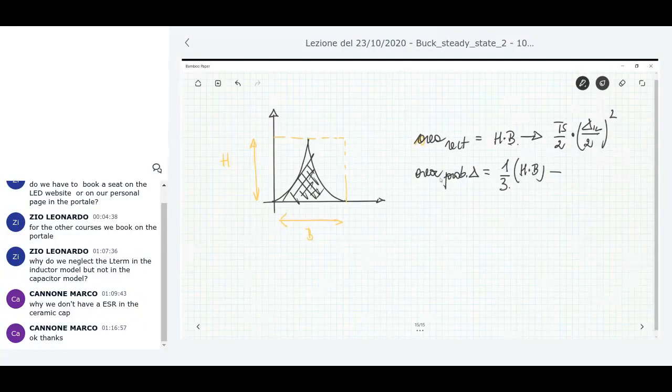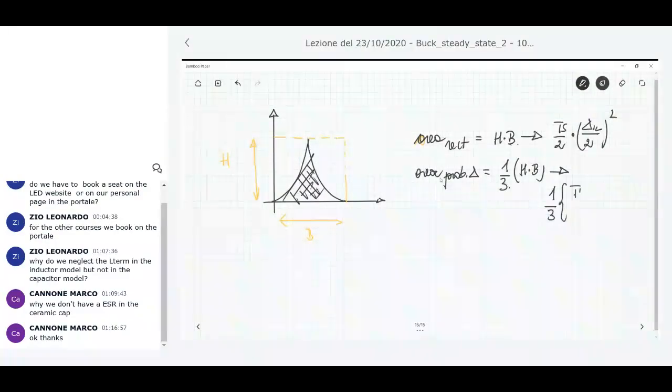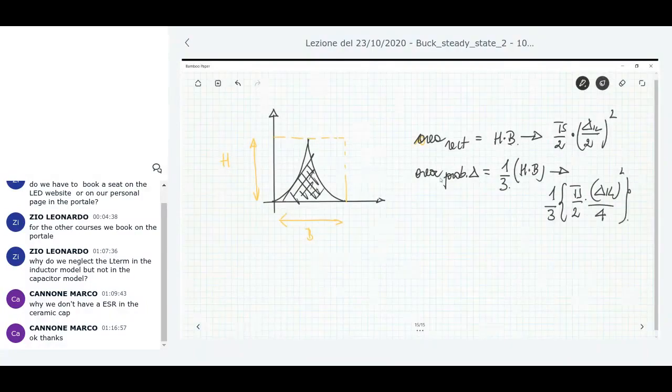So in our case, the area of the parabolic triangle is 1/3 of Ts divided by 2 times delta IL squared over 4.